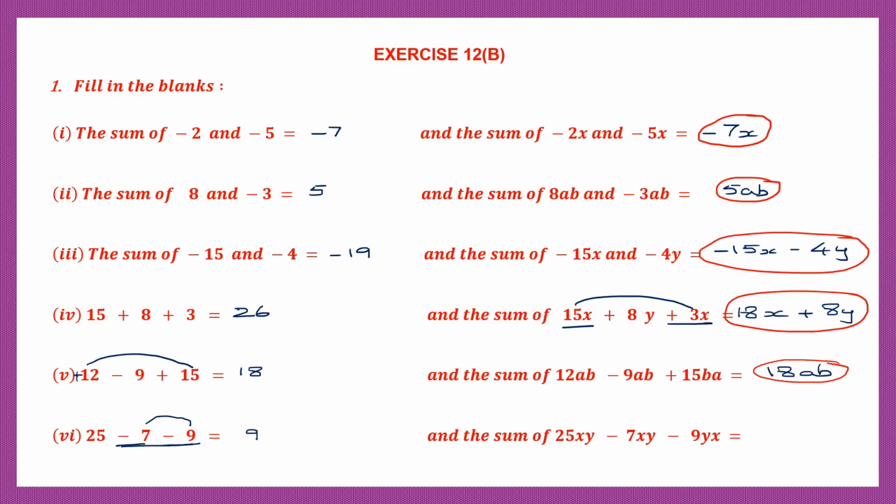So now we can add it up because they are like terms. 25 minus 7 minus 9, just as this, and the answer we got here is 9. So here also we can write 9xy. This is our final answer.